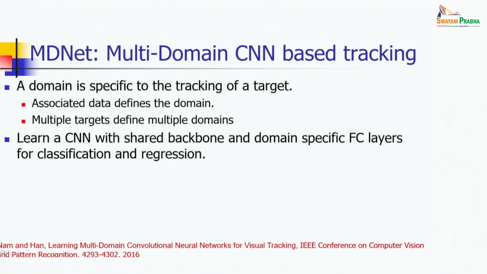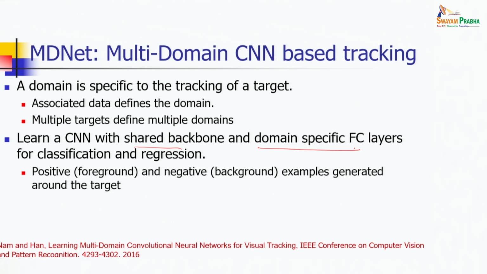So there is a shared backbone, and there are domain-specific fully connected neural network layers. We call them FC layers, and they are used for classification and regression. As I was giving examples, positive and negative examples are generated around the target. Positive examples are meant for the foreground which contains the objects, and negative examples are the backgrounds otherwise. And you can perform data augmentation on top of that by various transformations like translation, scaling, etc.